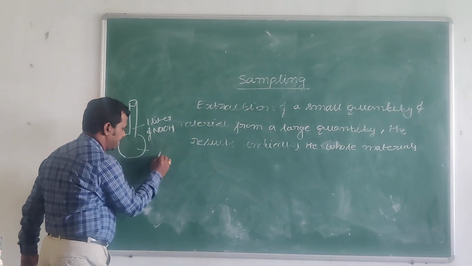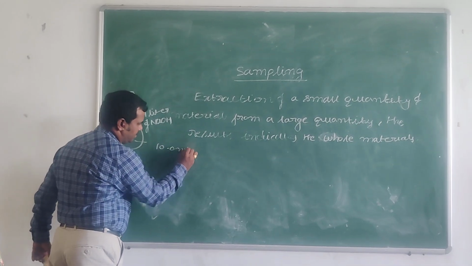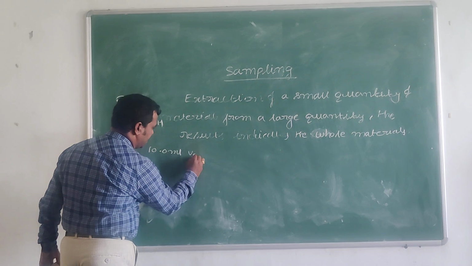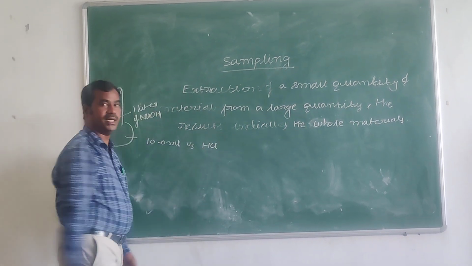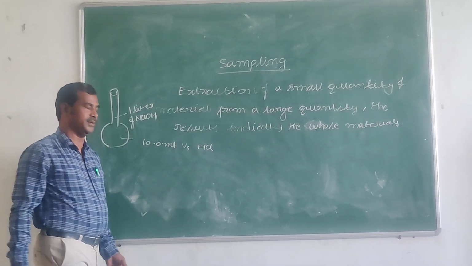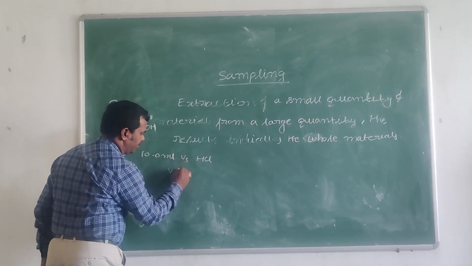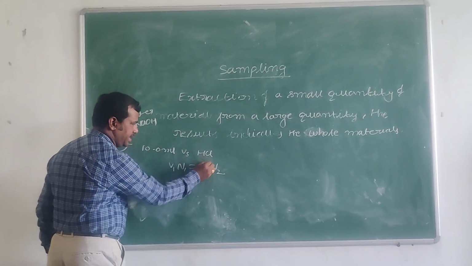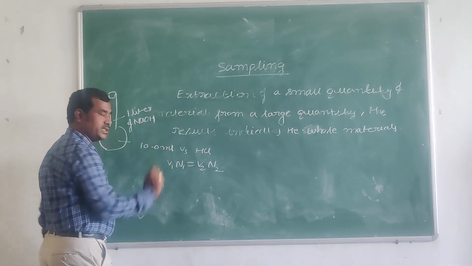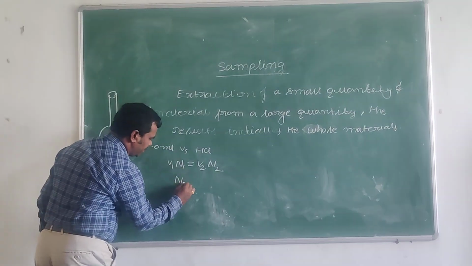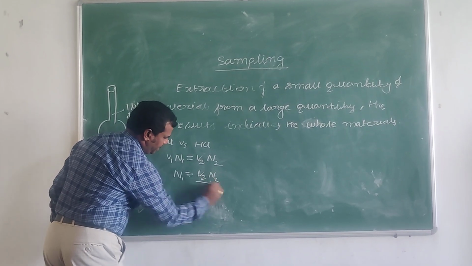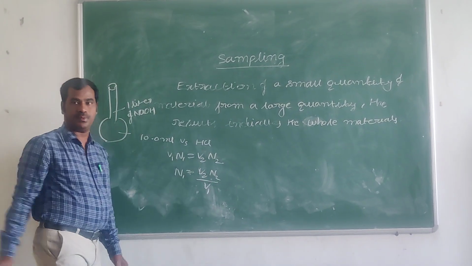From this we take 10 ml in a conical flask, which is titrated with hydrochloric acid. After titration, we calculate V1N1 = V2N2. So this indicates HCl, this indicates NaOH. Then N1 equals V2N2 by V1.